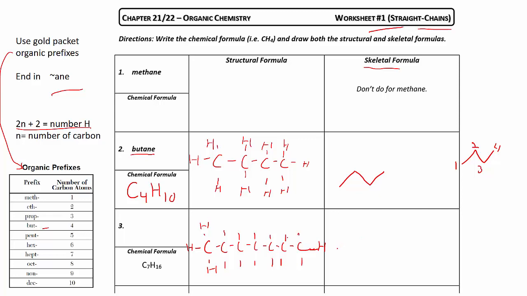For the skeletal structure, 1, 2, 3, 4, 5, 6, and 7 would be our carbons, just showing them without our hydrogens. Name for this one, 7 carbons, hept, and always end in ane, A-N-E, heptane.